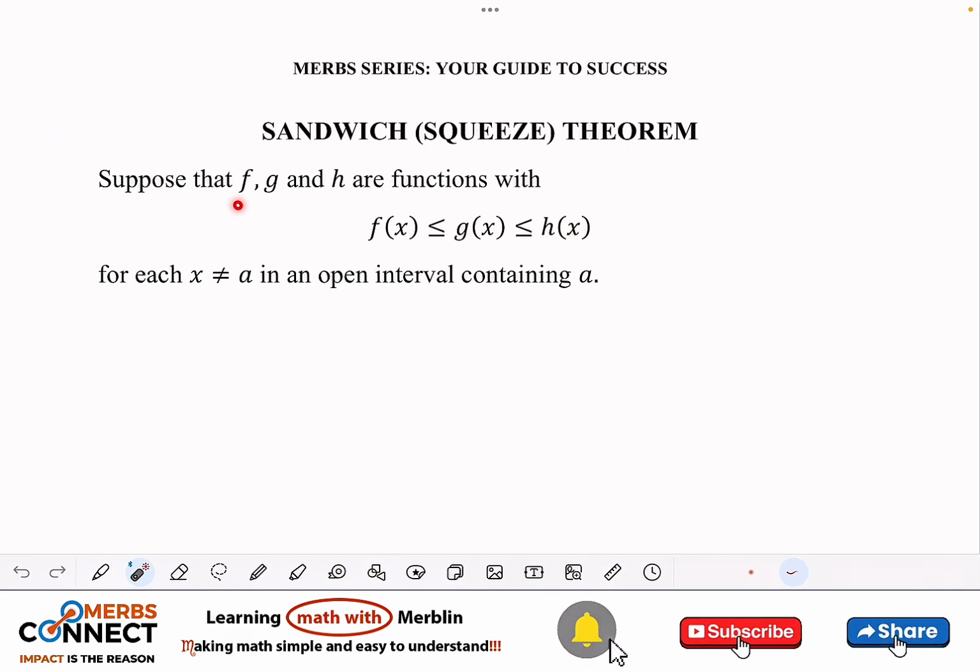The squeeze theorem is like we have three functions, f, g, and h, and they are squeezing like this. I mean, this one is in between this and that, right? Then what can we say?